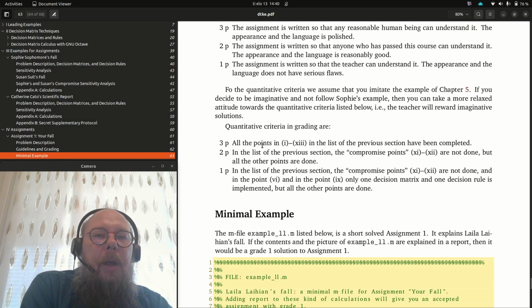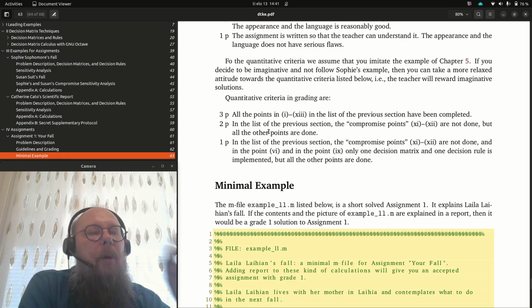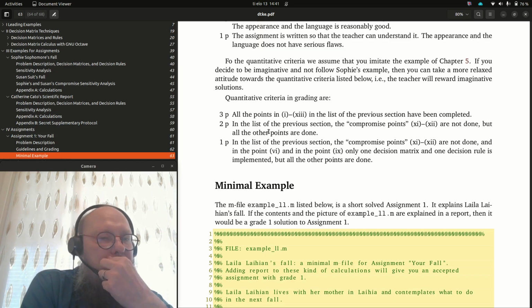So what are the quantitative criteria in the grading if you follow Sophie's example? 3 points means that all the points in the previous list 1 to 13 have been completed. 2 points means that all the other points are done, but the compromise points 11 to 12 are not done. So if you omit the compromise with your spouse, cat, dog, whatever, then you can get 2 points, but not 3 points.